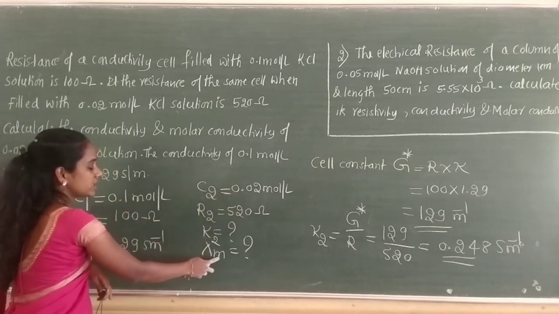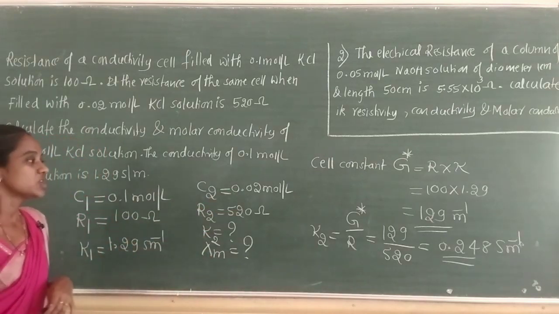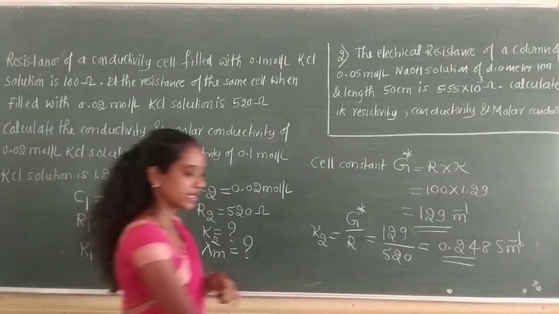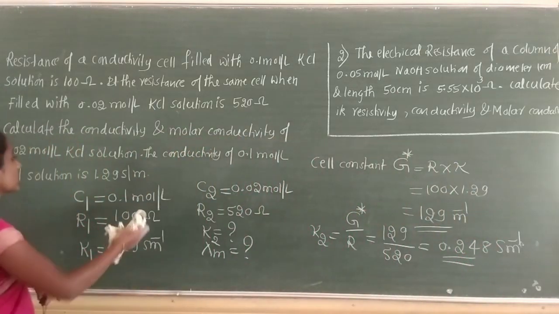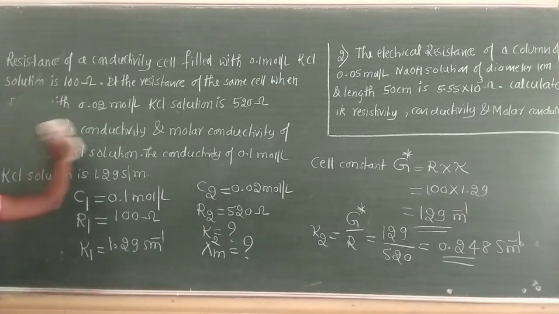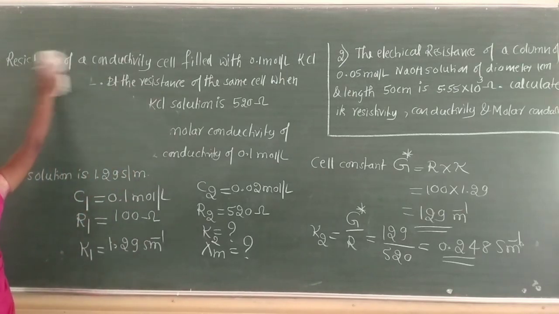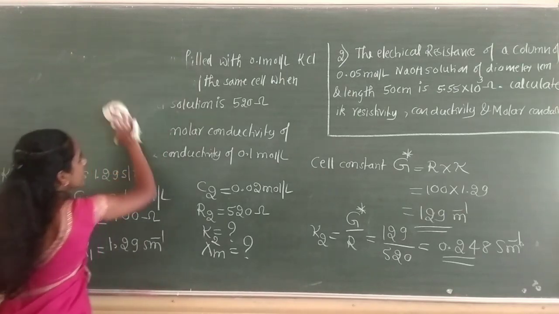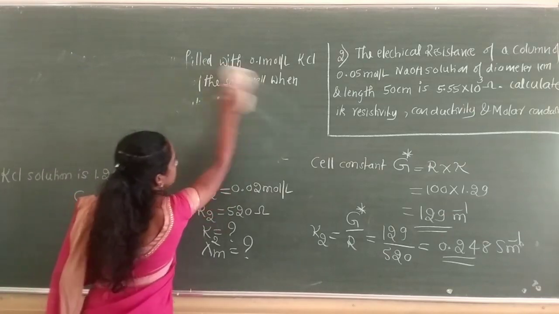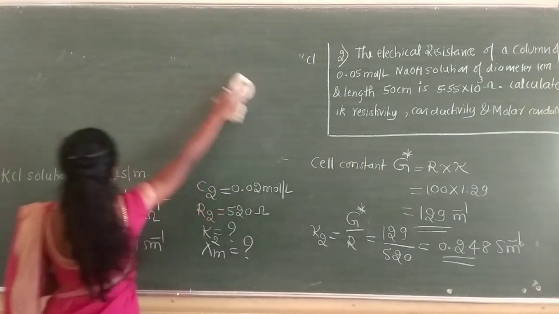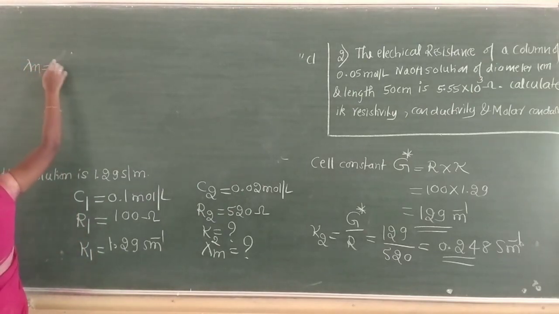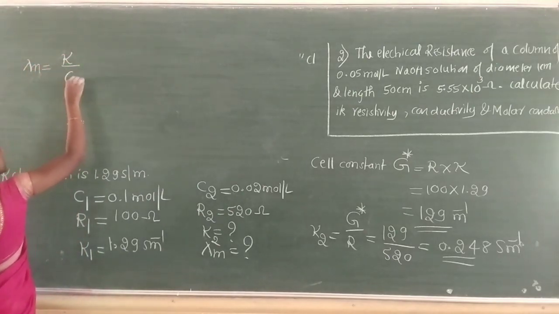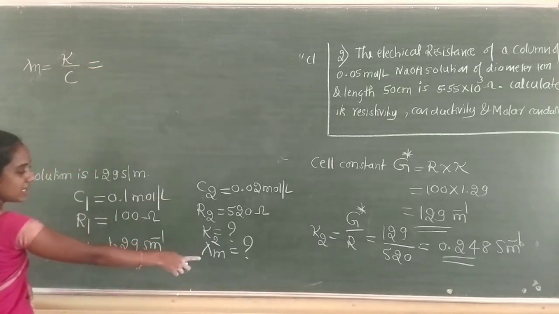Now let us calculate the molar conductivity. So what is the formula? Molar conductivity, lambda m is equal to K by C. Right here we have a question, right? So lambda m is equal to K by C. What is our value of K?